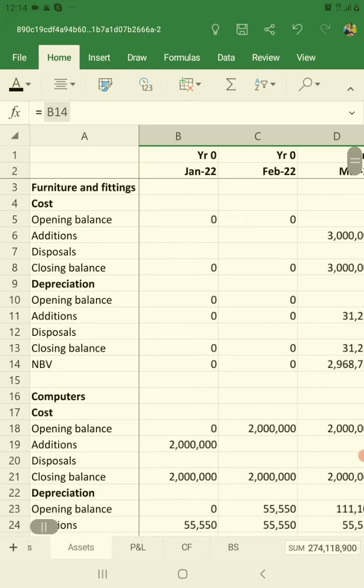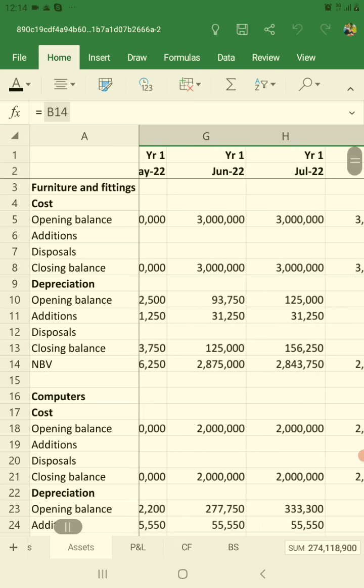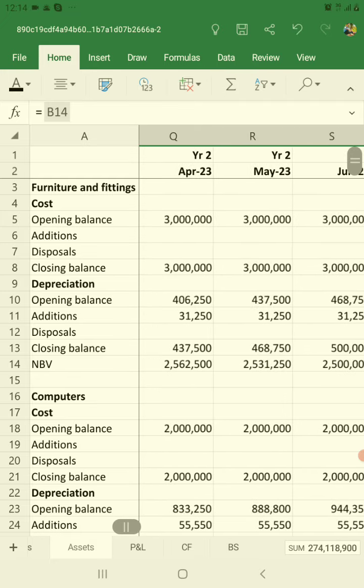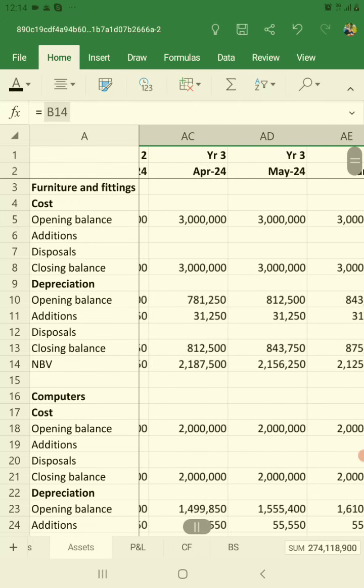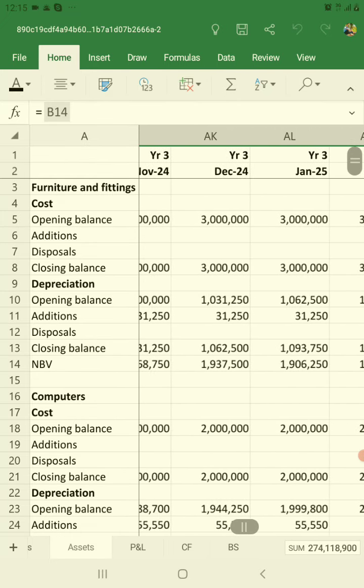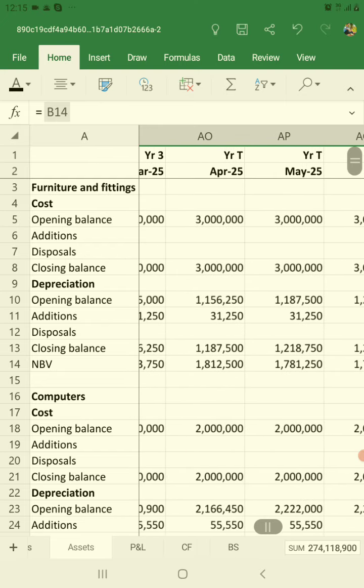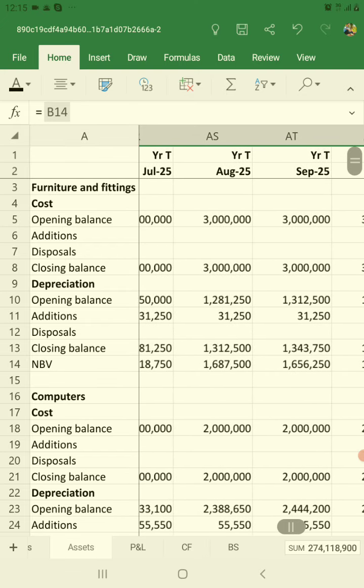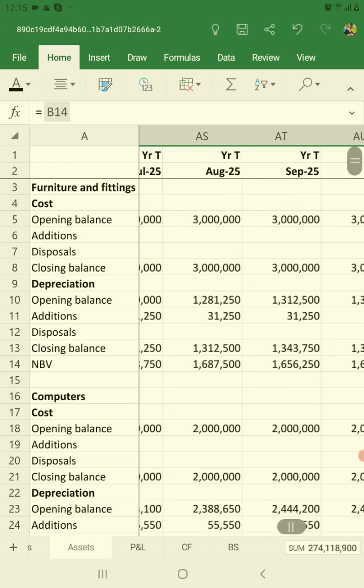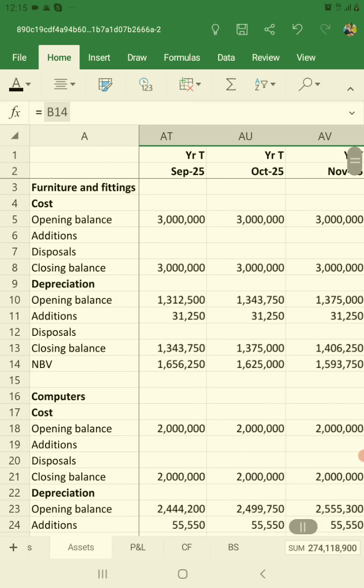For furniture and fitting, during this projection period of 3 years, because we have a depreciation rate of 12.5%, the furniture and fittings have not been fully depreciated yet by the end of our projection period. Okay, we still have net book value, which is positive.